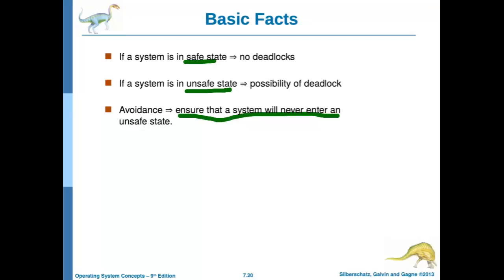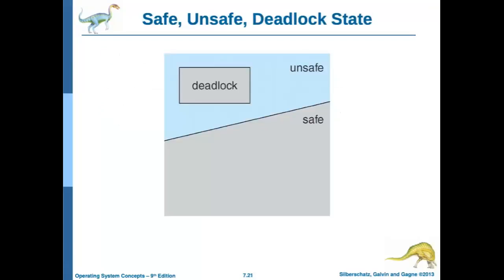In that case, such a resource is not allocated to P2. Maybe it is required by somebody else. The same thing is given there. If the system is in a safe state, there is no deadlock. But if the system is unsafe, remember there is a possibility, and that is the reason only some part of unsafe is called deadlock. Not everything unsafe is a deadlock. There is a possibility.